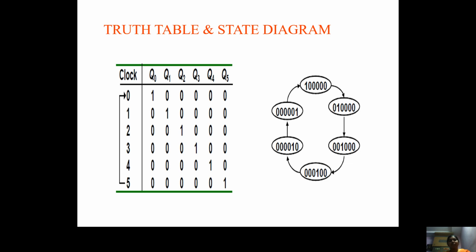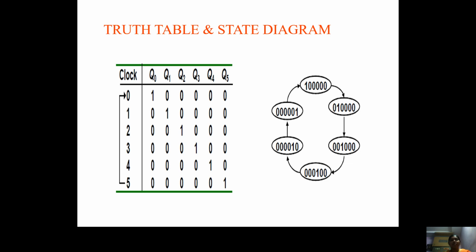And during the occurrence of the fourth clock pulse, since Q2 is 1, the fourth flip-flop is going to be set. So its output will become 1 and the remaining values are 0, 0, 0. During the occurrence of the fifth clock pulse, since Q3 is 1, the fifth flip-flop is going to be set, and Q5 will be 0.